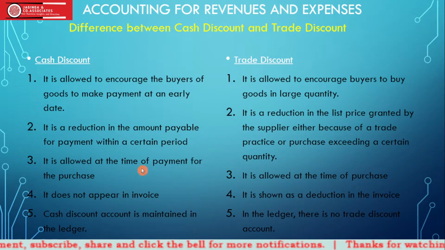Then on the other side, trade discount is a reduction in the list price granted by the supplier. So we'll be telling the customer that when you buy 15,000 items, we'll give you 5%, and then when you buy 20,000 items, we'll give you 10%, and then when you buy maybe 35,000 items, we'll give you 15%.